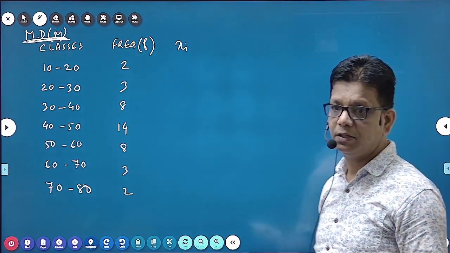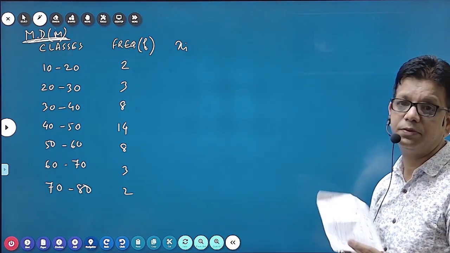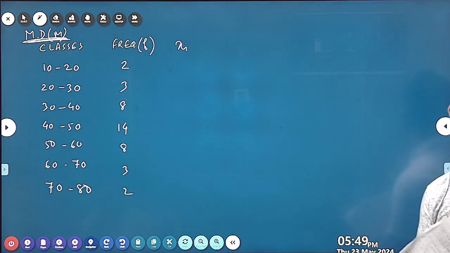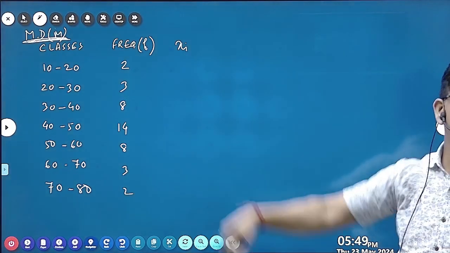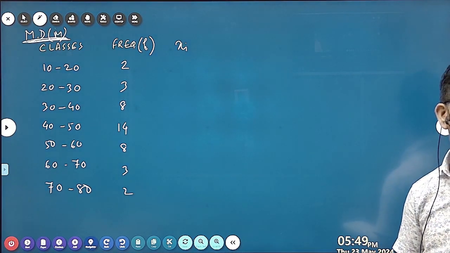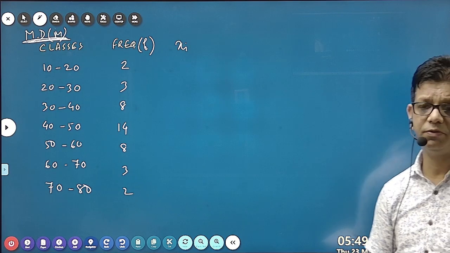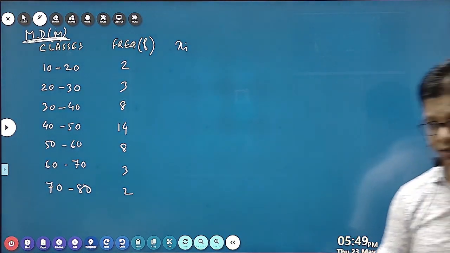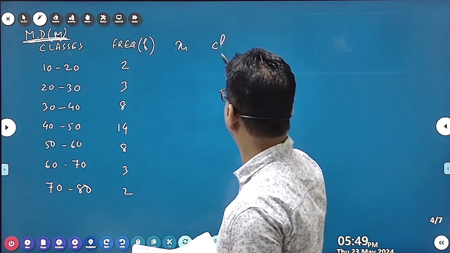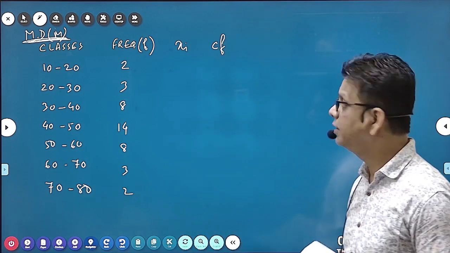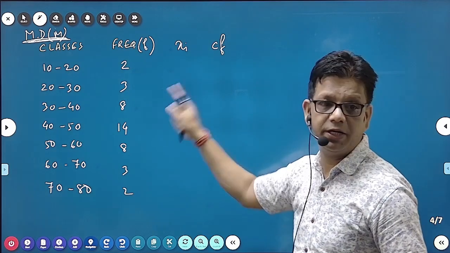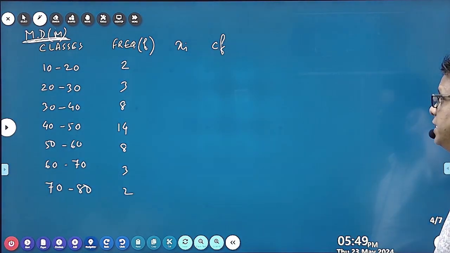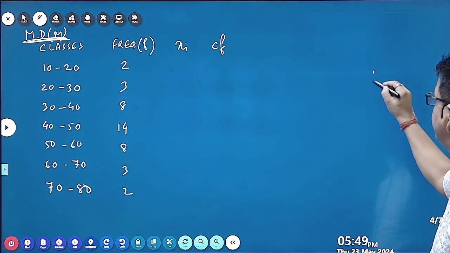So which column is required for median? The frequencies are there only. Which extra column is required? We did it long before. That column is CF. So you have to find CF. Do you remember CF? Now with this your median will be ready. What is the formula for median?